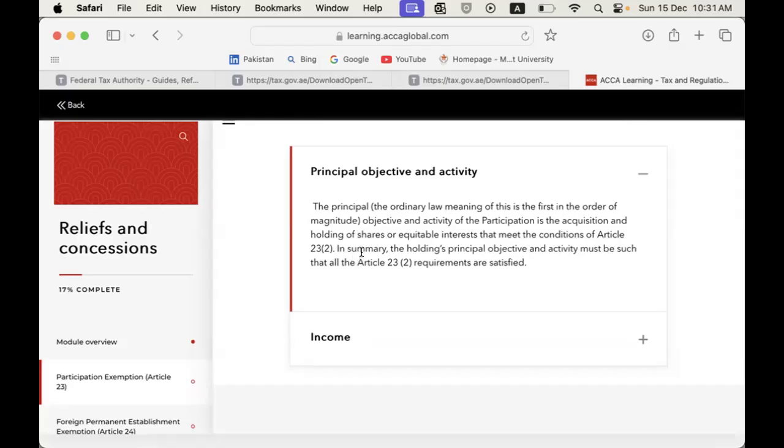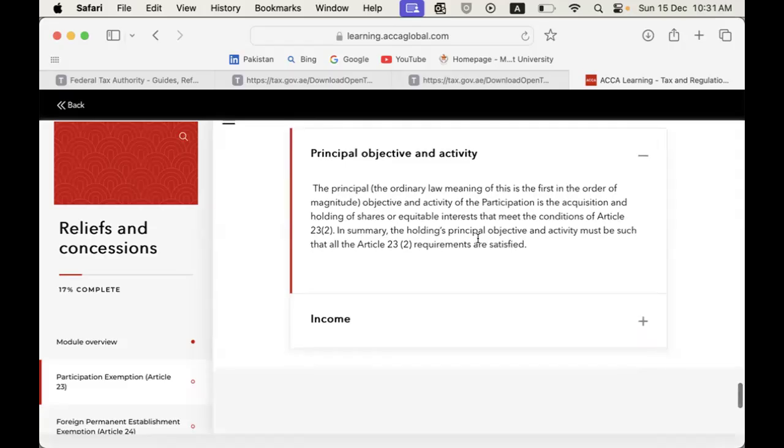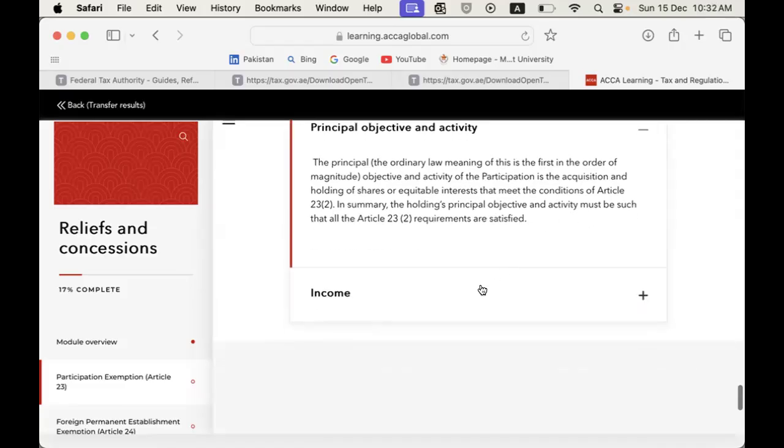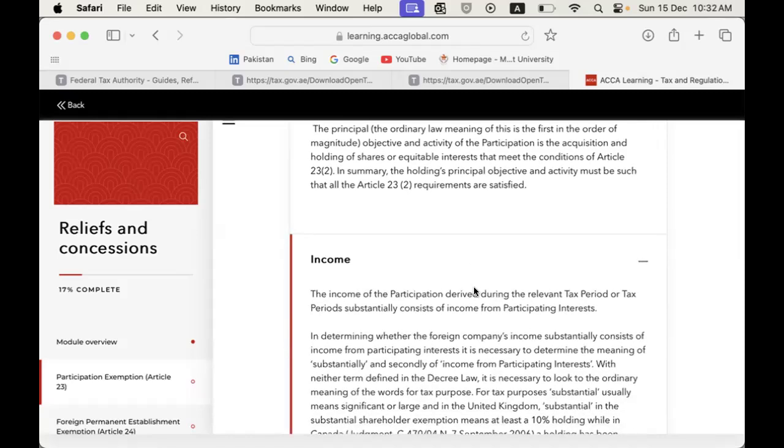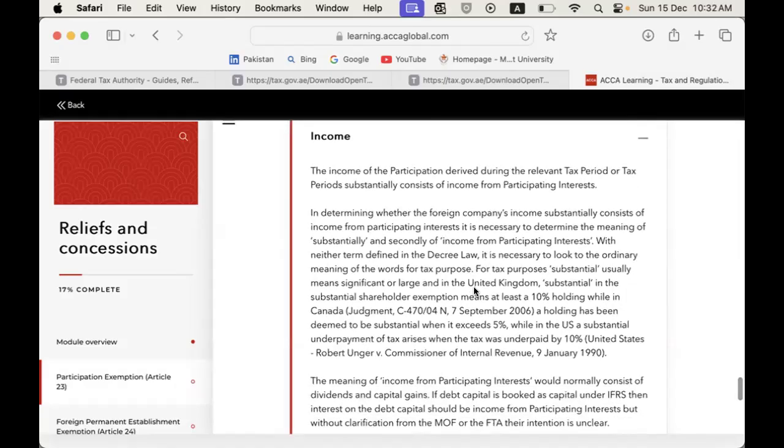So it should hold shares and equitable interest that meet the conditions of Article 23. In summary, the holding's principal objective and activity must be such that all the Article 23 requirements, such as the 12-month holding period, etc., are satisfied.